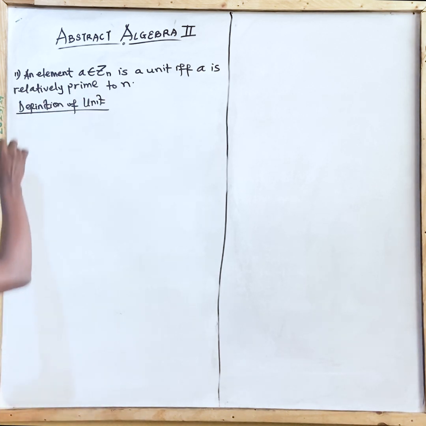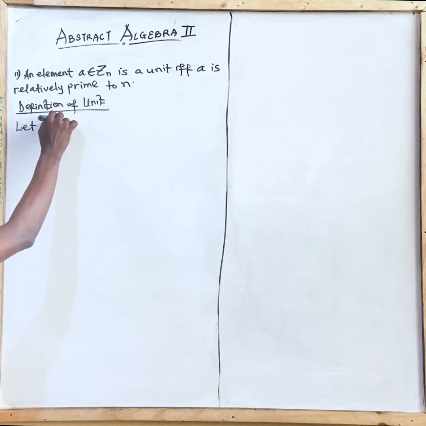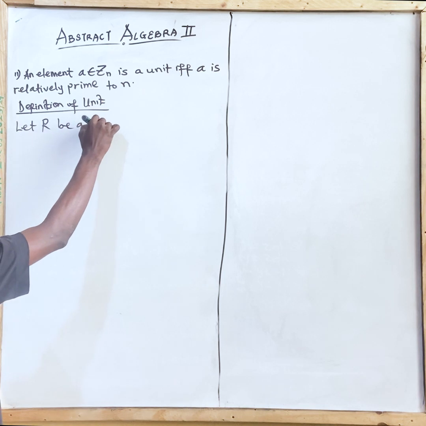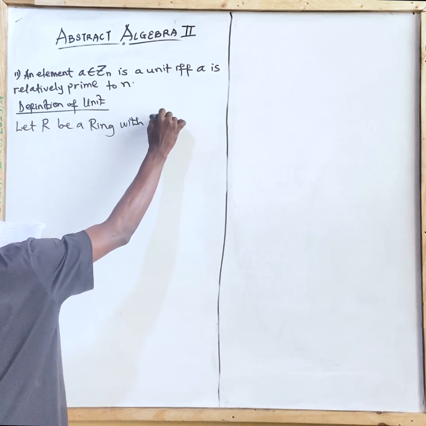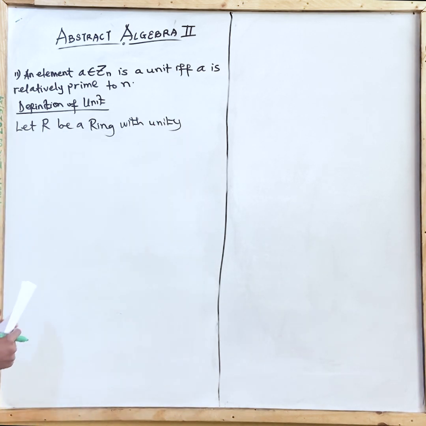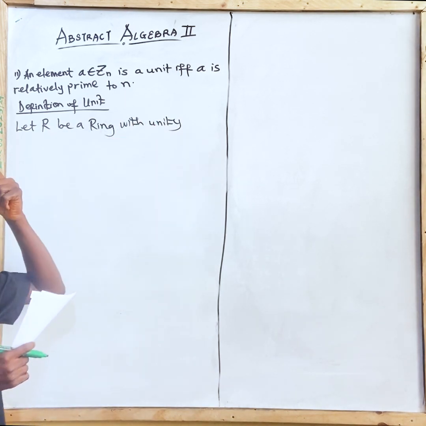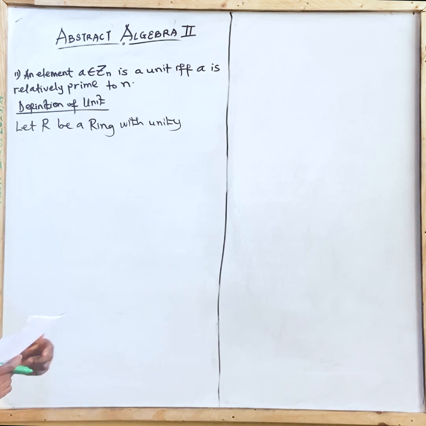we say that let R be a ring with unity. That is, when I say let R be a ring with unity, what I mean here is that the identity is 1.